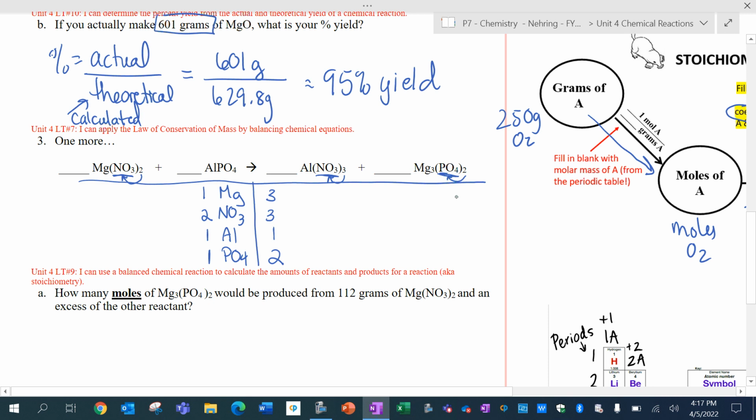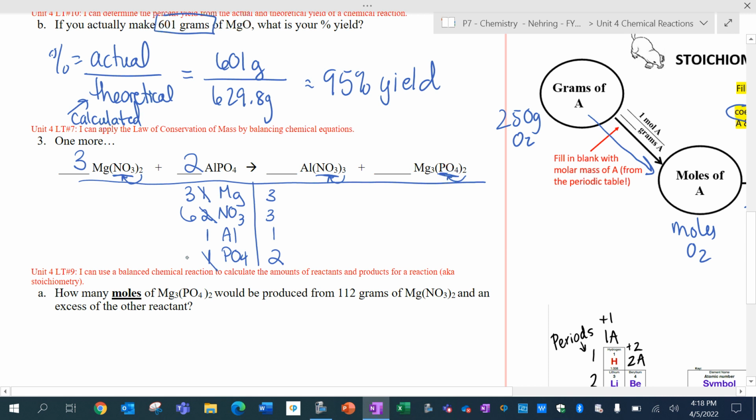The way parentheses work is that the number tells you how many there are of the things inside the parentheses. So I'm going to pick something to balance. I'm going to go with the magnesium first, because that looks easy to balance. I'm going to put a 3 over here. That'll balance my magnesiums, but now I've got 3 times 2, so 6 nitrates. Next, I'm going to do the phosphates, PO4. I want 2 PO4s over here, so I'm going to put a 2 out here.